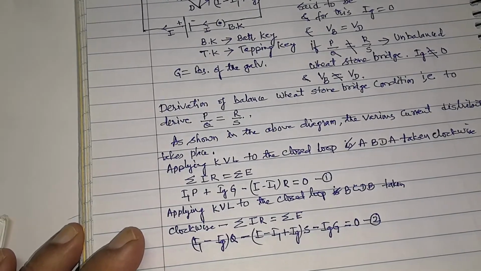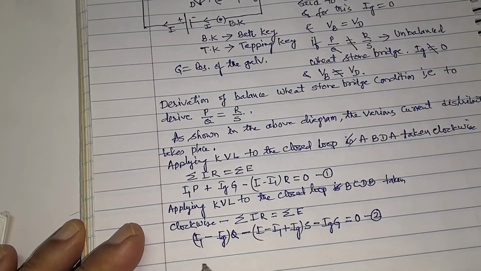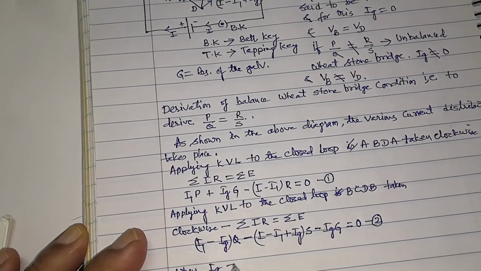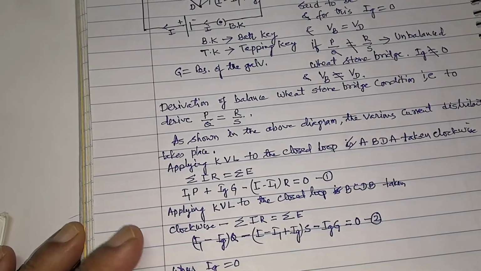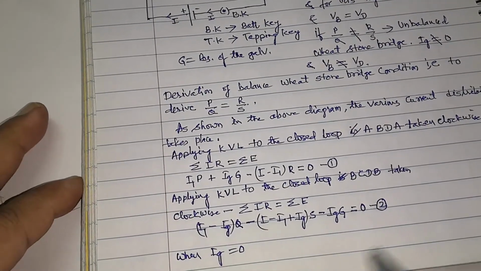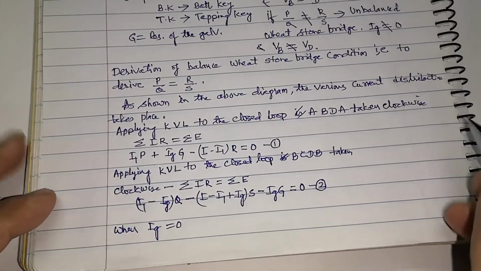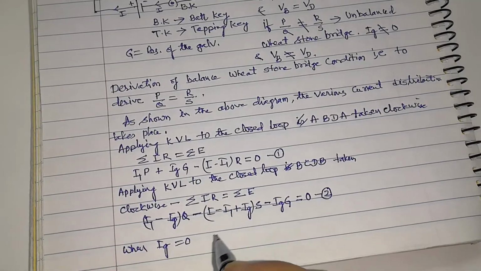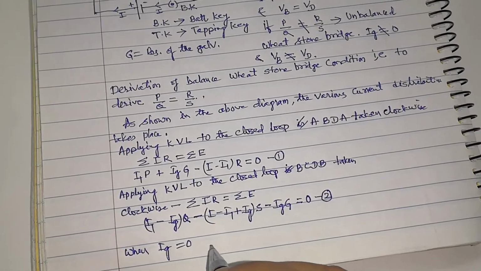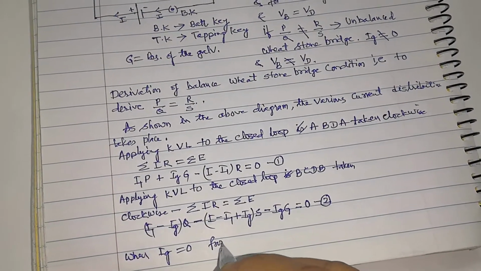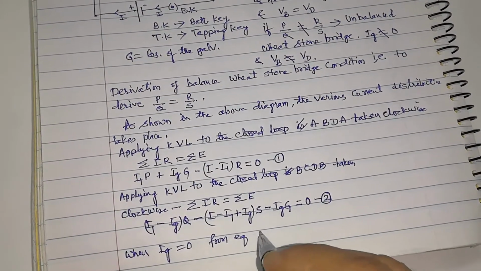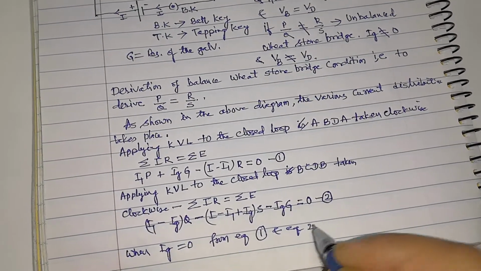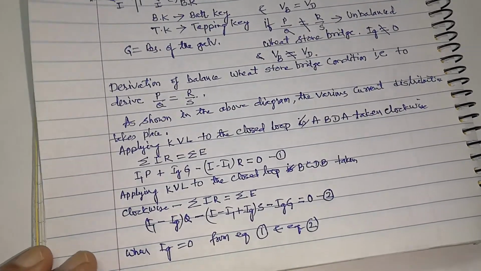Now we have one very special condition, when Ig is 0. When Ig is 0, it means the current is not flowing through the galvanometer. So when Ig is 0, from equation 1 and equation 2, see what we are going to get.